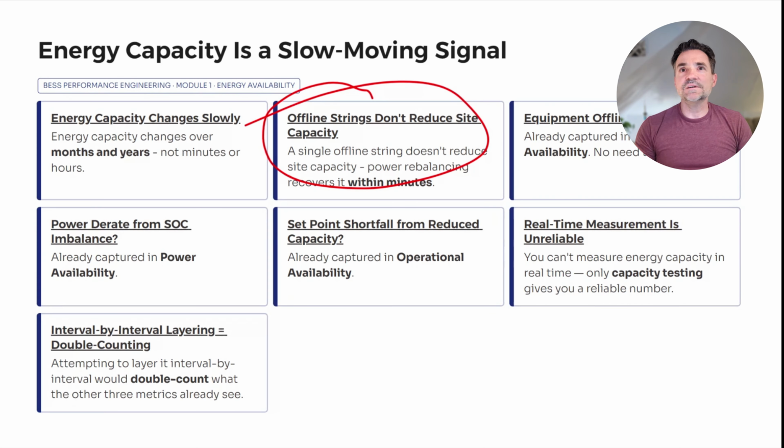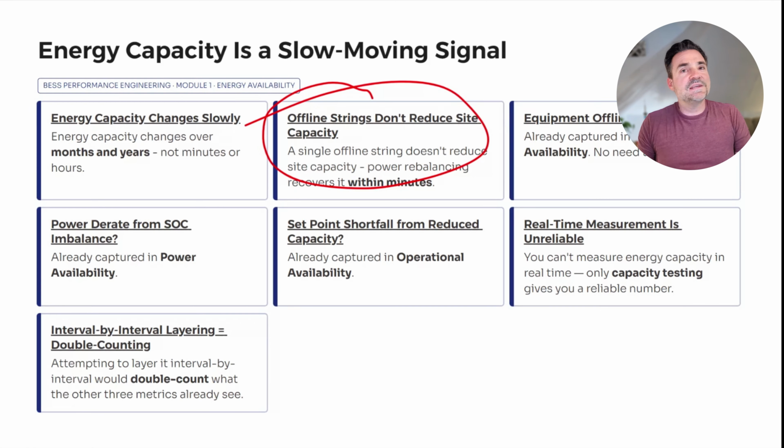So this is something to always consider when you report available discharge capacity or state of charge: if the equipment is offline, let's say it's faulted, would you say that the capacity is available or not? Or do you count it in the state of charge?